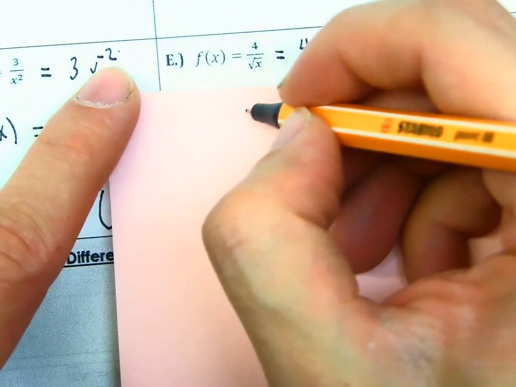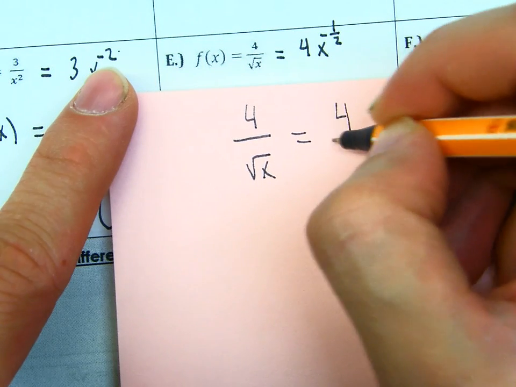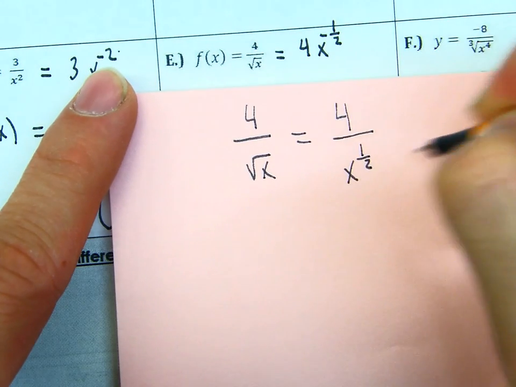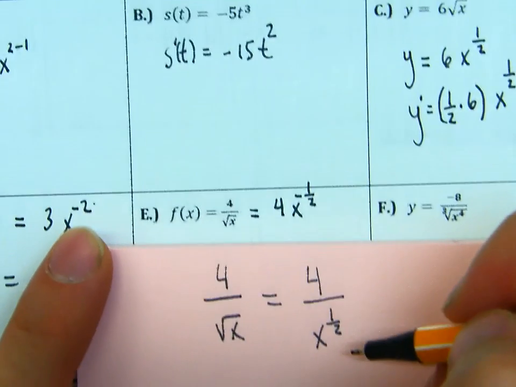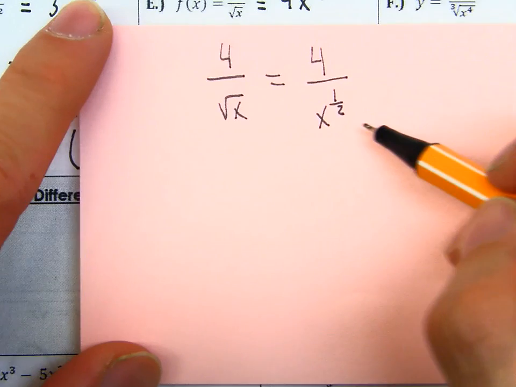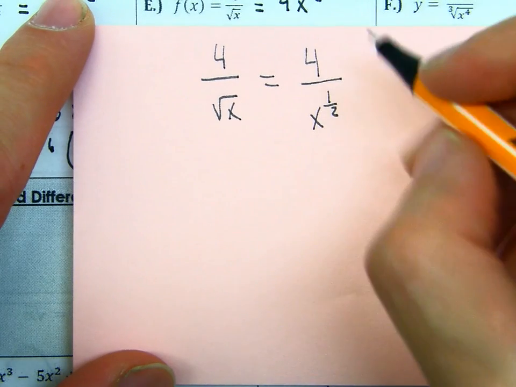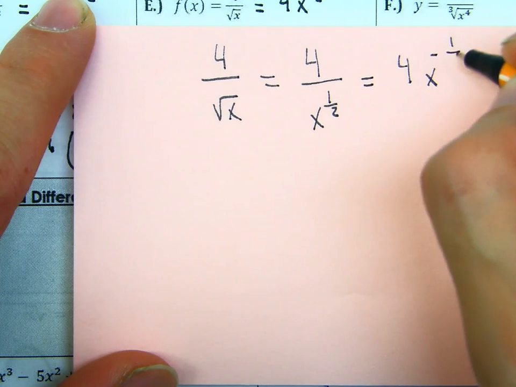If you have 4 over square root x, that's equal to 4 over x to the 1/2. But you want to put this into the setup over here, so you put this onto the numerator and say this is equal to 4 times x to the negative 1/2.